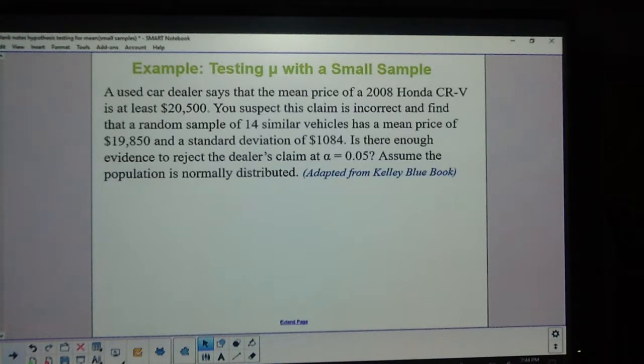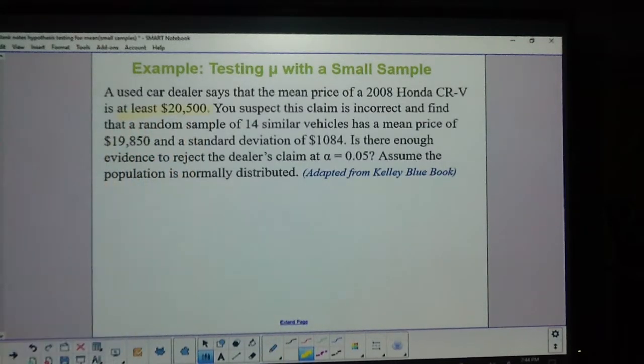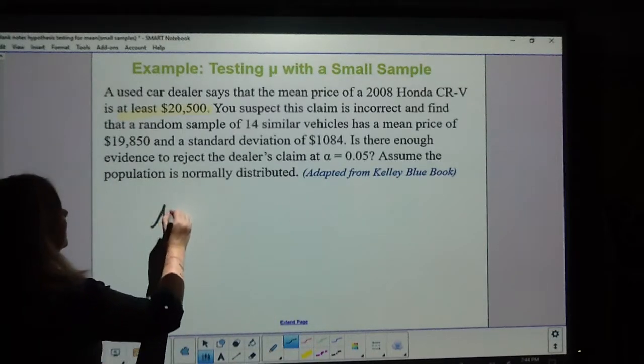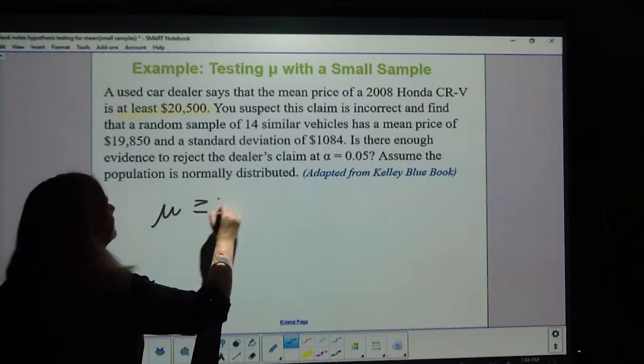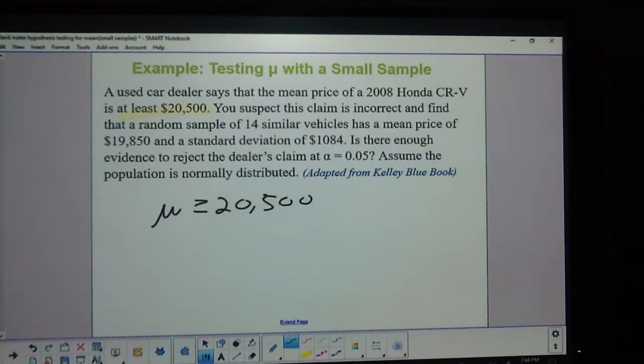So a used car dealer says that the mean price of the Honda is at least $20,500, at least. So the mean is at least that much. At least means could equal that or it could be greater than that.